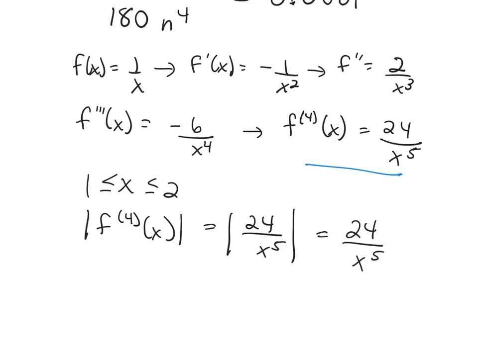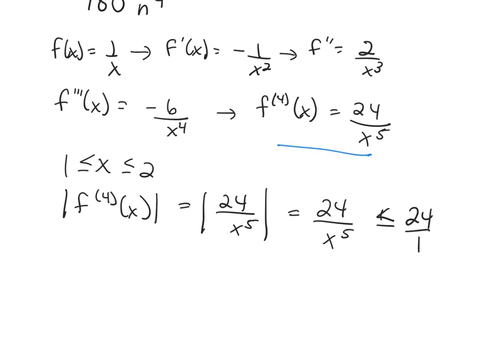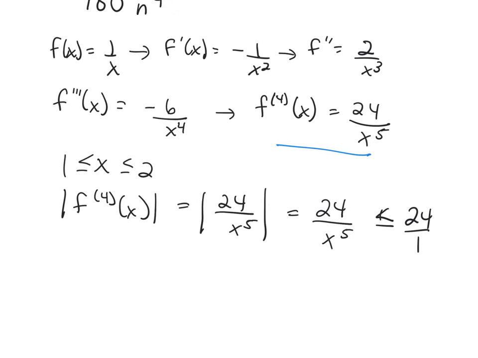That's the trick. So here you plug in 1 to get 24 over 1, or just 24, and that's your K value. If x had been in the numerator, then you would have plugged in 2. So I'm set up: K is 24, b is 2, a is 1, and n is what we're trying to solve for.